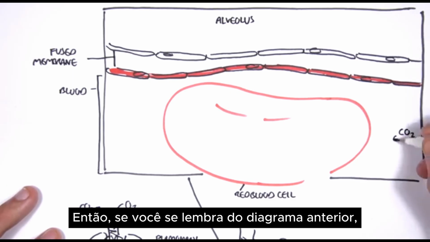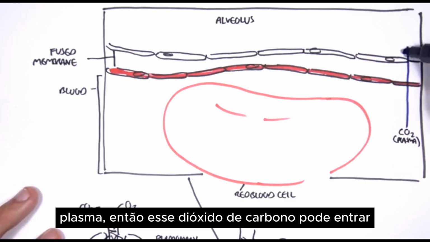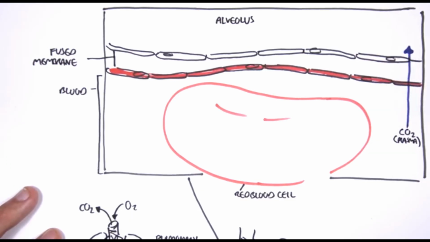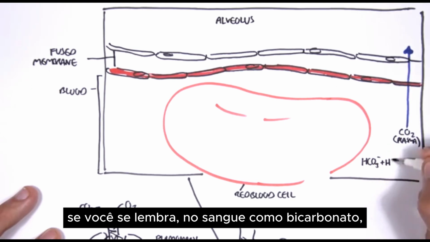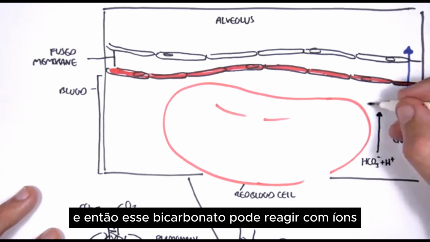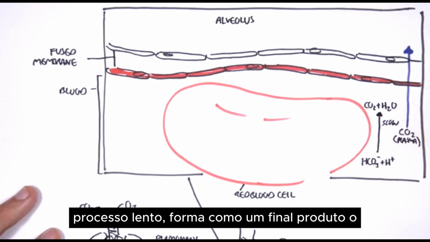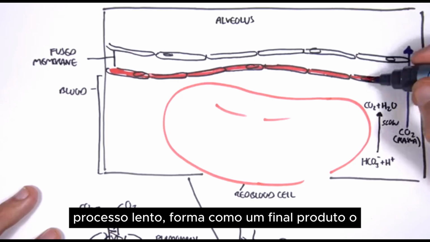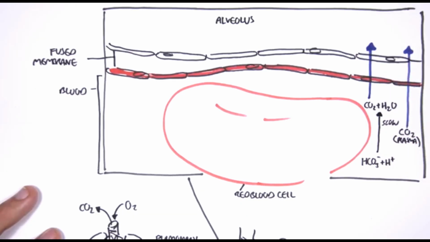So if you remember from the previous diagram, some of the carbon dioxide is transported through plasma, so this carbon dioxide can just enter the alveolus. A majority of the carbon dioxide is actually transported, if you remember, in the blood as bicarbonate. And so this bicarbonate can react with hydrogen ions in the blood and through a slow process form as an end product carbon dioxide and water.